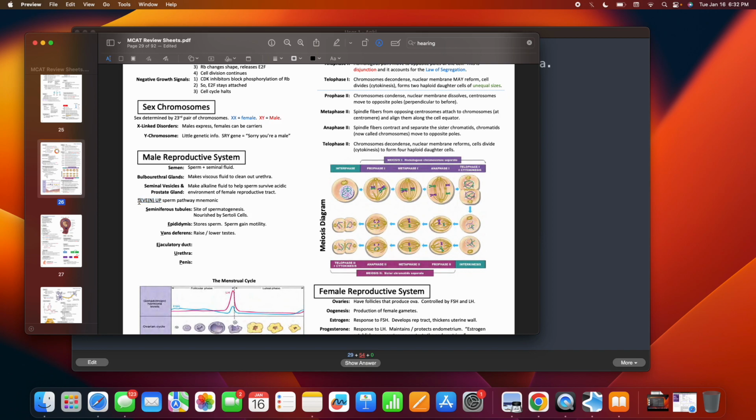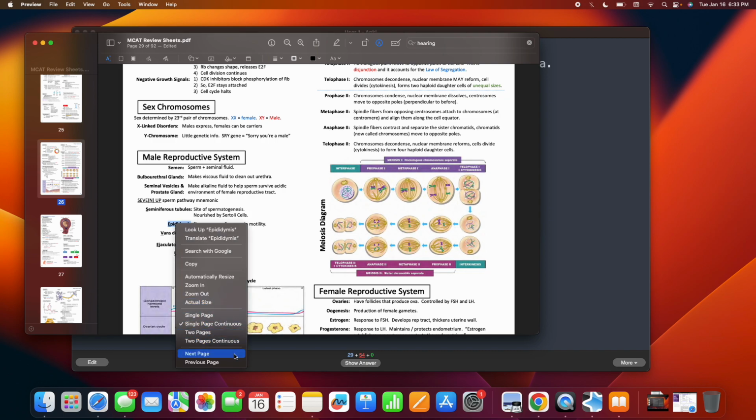So S is for seminiferous tubules, which are the site of spermatogenesis, which is nourished by Sertoli cells. And then the E stands for epididymis.